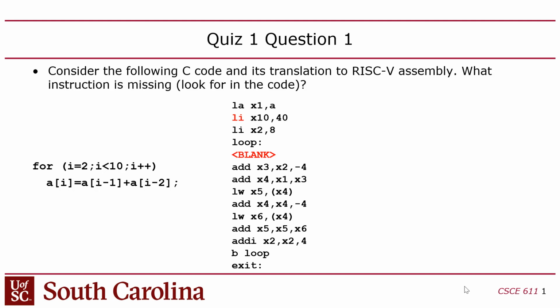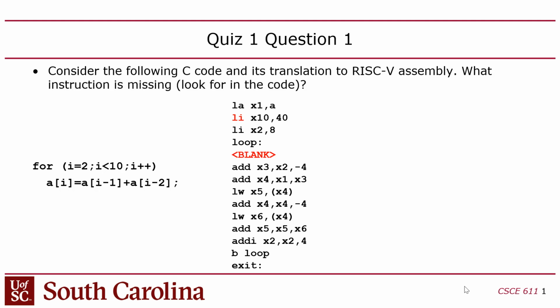What's the first thing you do when you start a new iteration of a for loop? You check to see if you should continue looping, so you're checking to see if I is less than 10. So we should be using a comparison instruction.